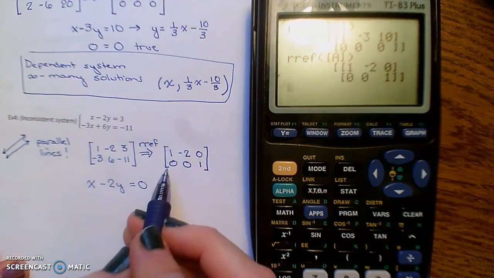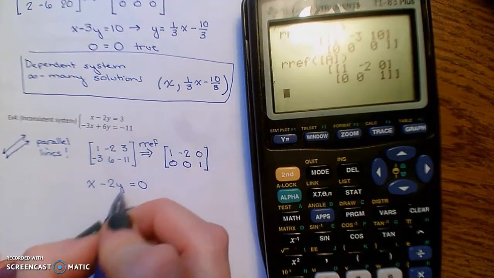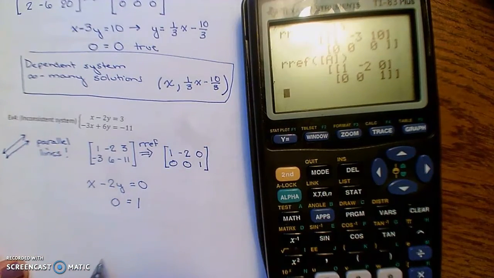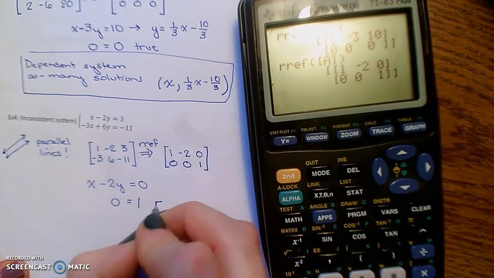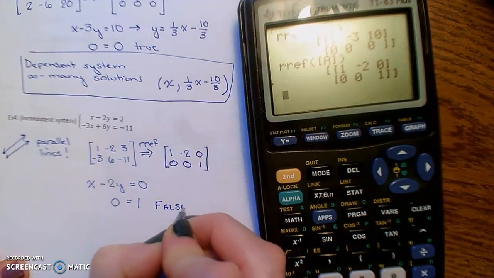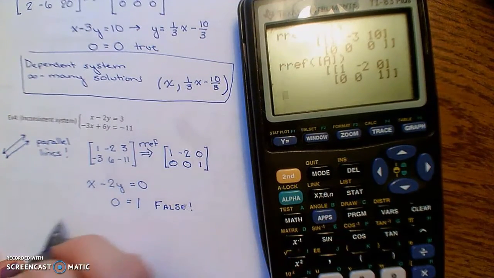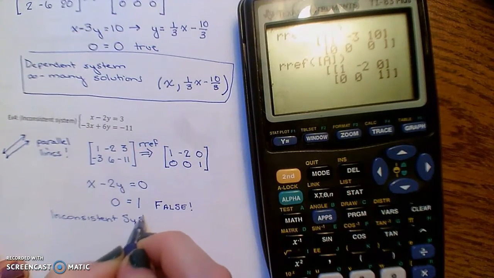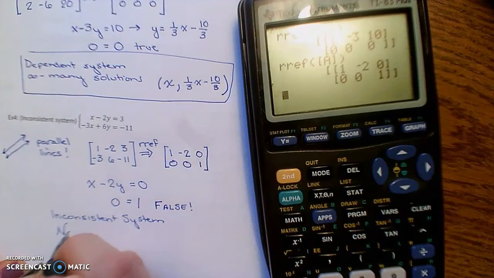The second equation says 0x plus 0y, which is 0, equals 1. And that is a false statement. So that tells us that we've got an inconsistent system, and we have no solution.